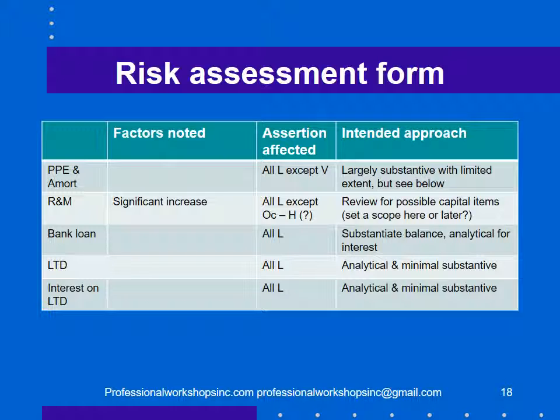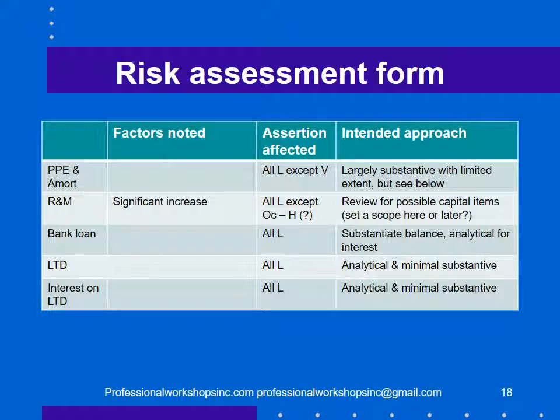Or there's one $300,000 item and it either is or isn't capital. Or there's three $100,000 items and one is and two aren't, or whatever. But I think I'd like my audit plan to say, please go and look at that. And that then would also affect property, plant, and equipment, and amortization.